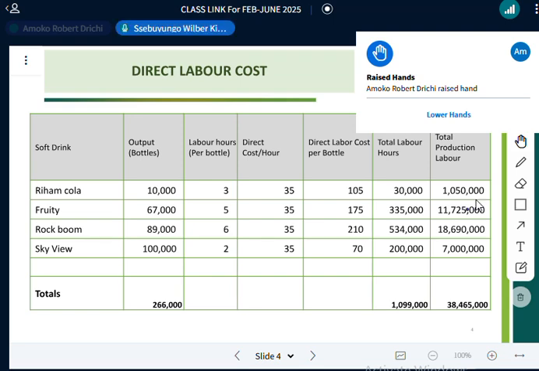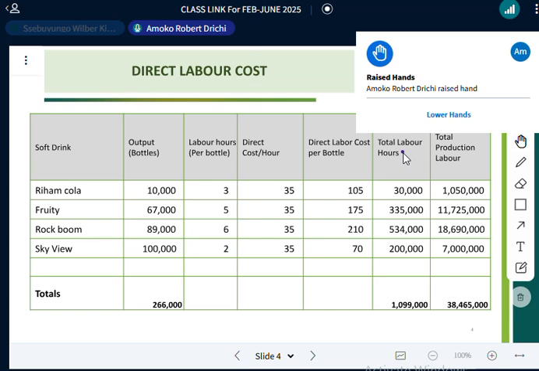I had sidelined this total production, so you should ignore it. I included it for my own computations. So you should ignore it.